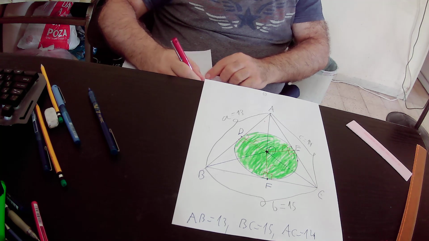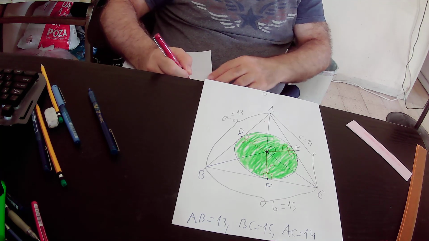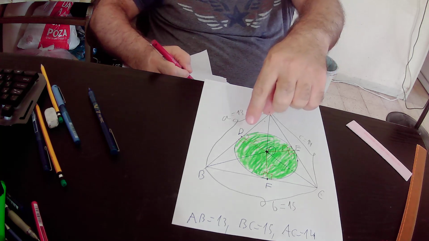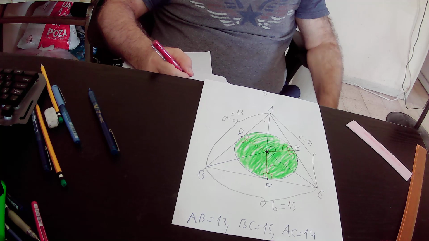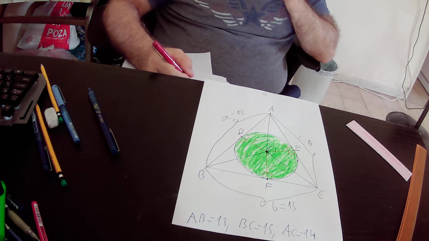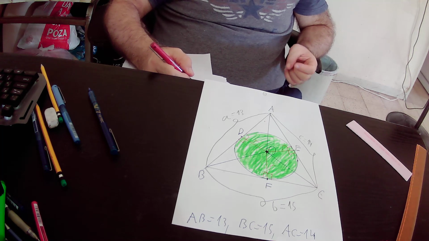But what is the area of triangle AOB? The area of any triangle equals the base of the triangle times the height to the base over 2.